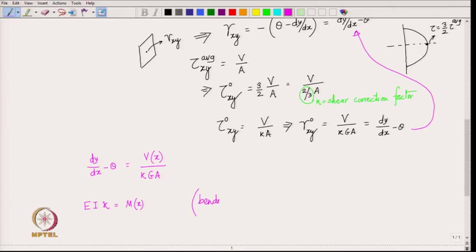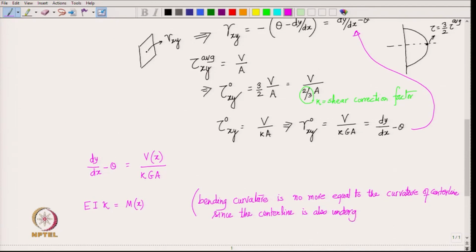So, we can make that remark here that the bending curvature is no more equal to the curvature of the center line, since the center line is also undergoing shear.